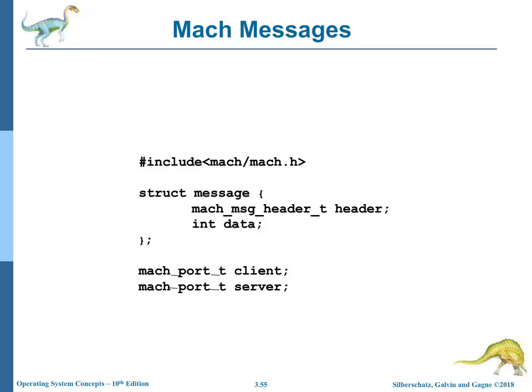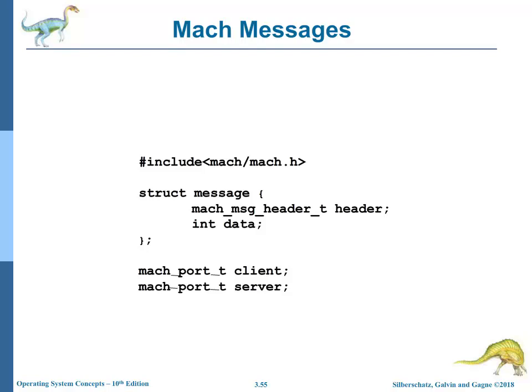Second, it declares a message, mach_message. A Mach message contains two fields. The first field is the fixed-size message header containing metadata about the message, including the size of the message, as well as the source and destination ports. The second field contains the data.